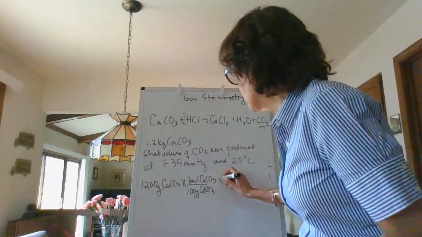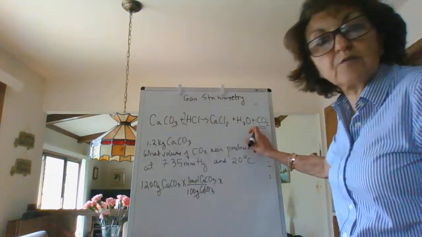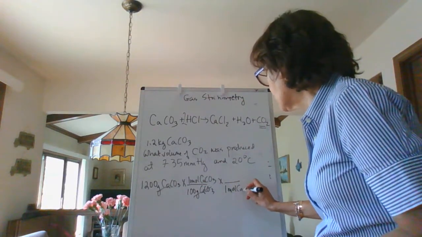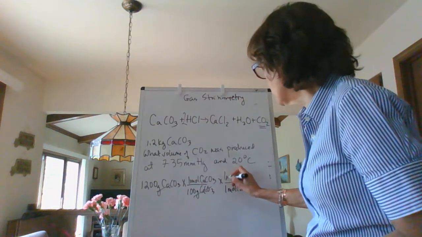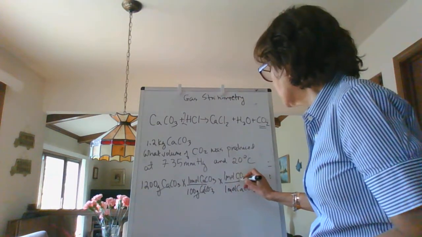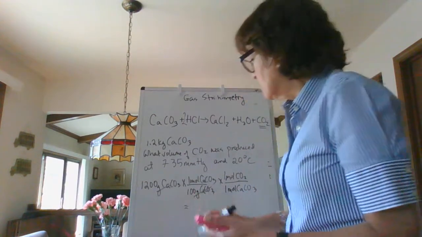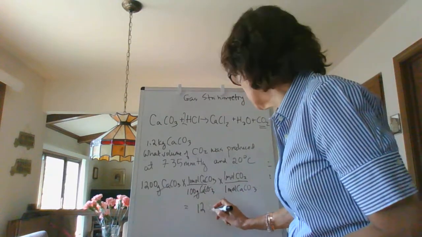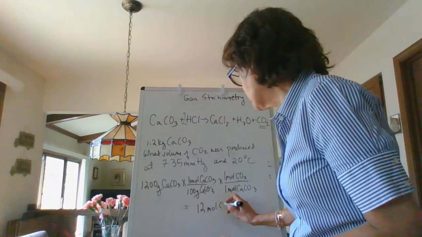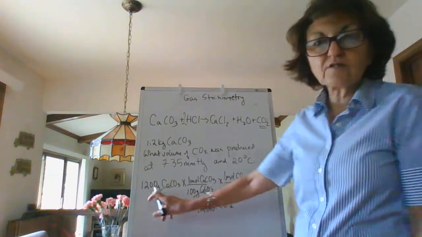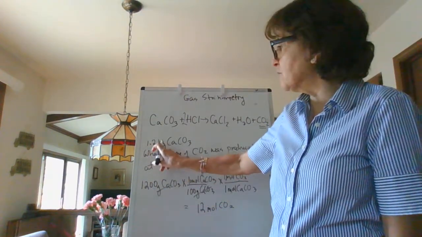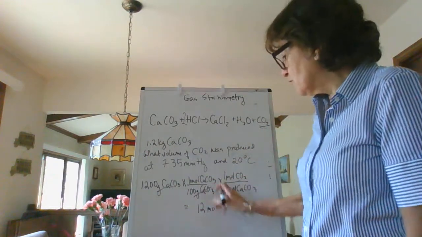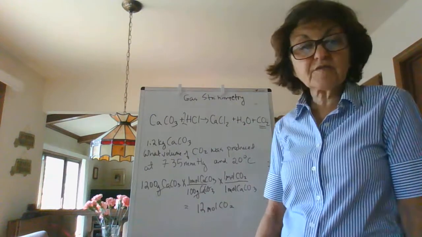Okay, for every 1 mole of calcium carbonate, we're going to be producing 1 mole of CO2. 1 mole of calcium carbonate, you'll produce 1 mole of carbon dioxide. Okay, so 1,200 divided by 100 is 12 moles of CO2. You guys know where I got the 1,200 from. That was 1.2 kilograms. I just turned it into grams so that I could use molar mass. Okay, so I have 12 moles of CO2.